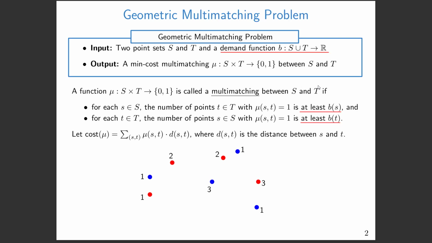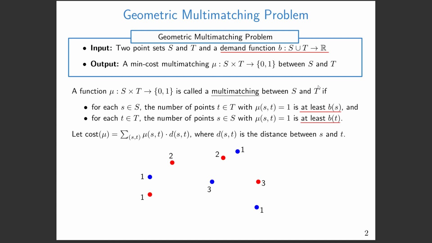And today, our main scope is the geometric multi-matching problem. Here, the situation is slightly different. Now we are given two point sets as well as a vertex demand function. And we are going to compute a multi-matching, which is an edge set that covers each vertex v at least b_v times.